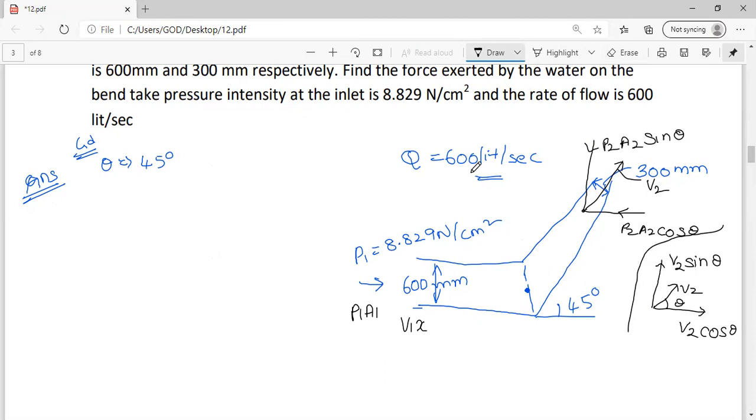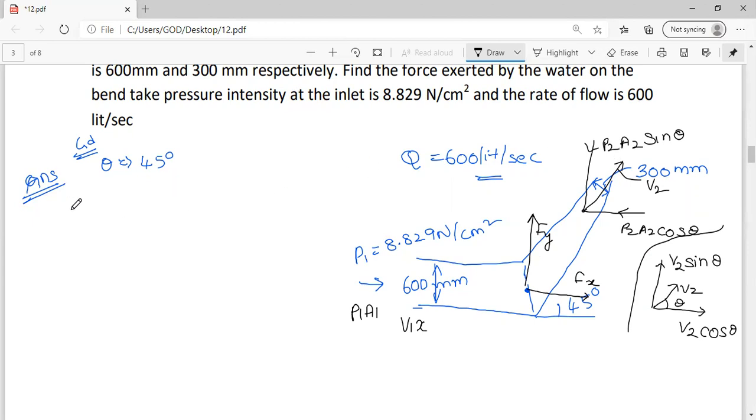But to calculate the forces acting along X and Y, you must have an idea of this P2. Without P2, you cannot calculate the forces. So our primary intention is to calculate P2. After calculating P2, you can calculate the force along X and Y. To calculate P2, there is a pressure term and velocity term.